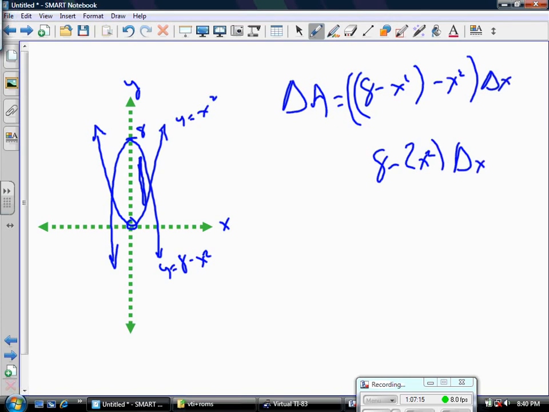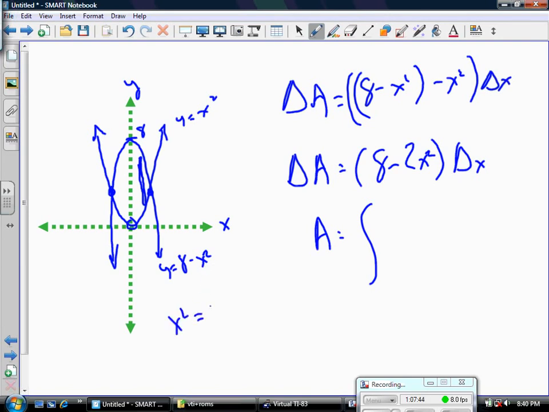Okay. Notice this is all in terms of x, so I don't have to do any weird stuff to get rid of x and y and all that stuff. So what's the area? How do we get the area of every single rectangle I could have drawn, the infinitely thin rectangles? It's the integral from, we don't know from what to what. Do we know the x value of this point of intersection? Do we know the x value of this point of intersection? How do you find out where these two curves intersect?